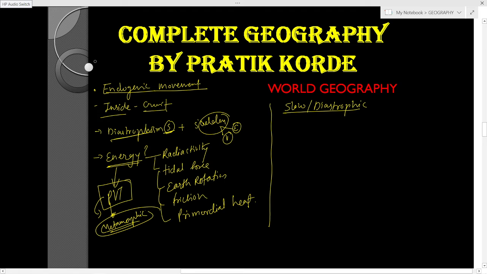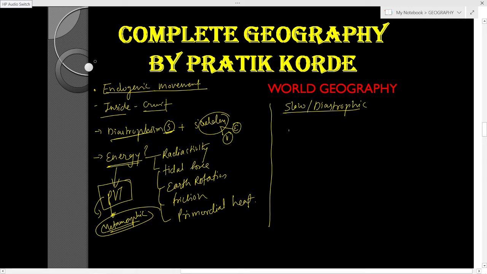Now as far as this is concerned, that is the slow movement. These diastrophic forces refer to the force generated by movement of solid material of Earth's crust. So all processes like plate tectonics, orogenesis, epirogenesis, earthquake, etc., that move, elevate, or build up a portion of Earth's crust come under diastrophism.